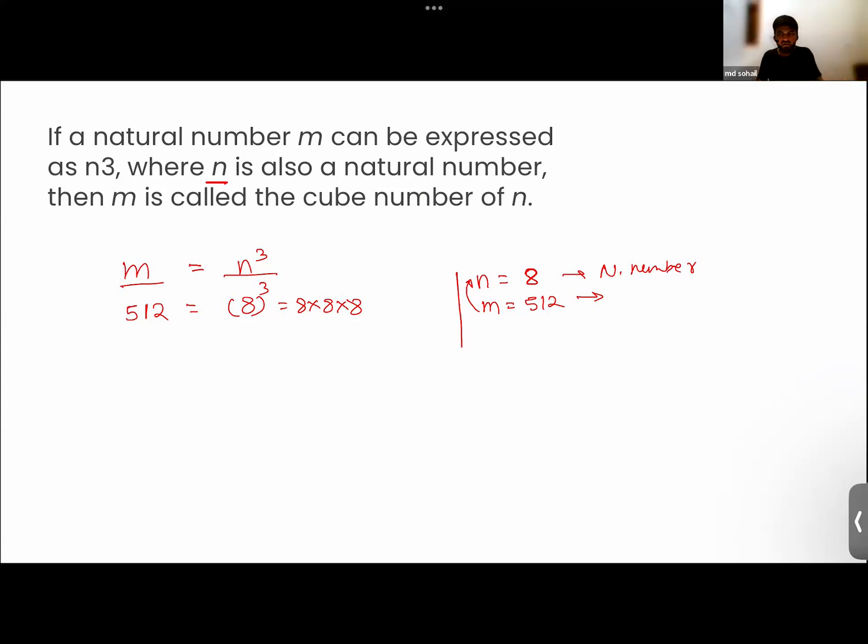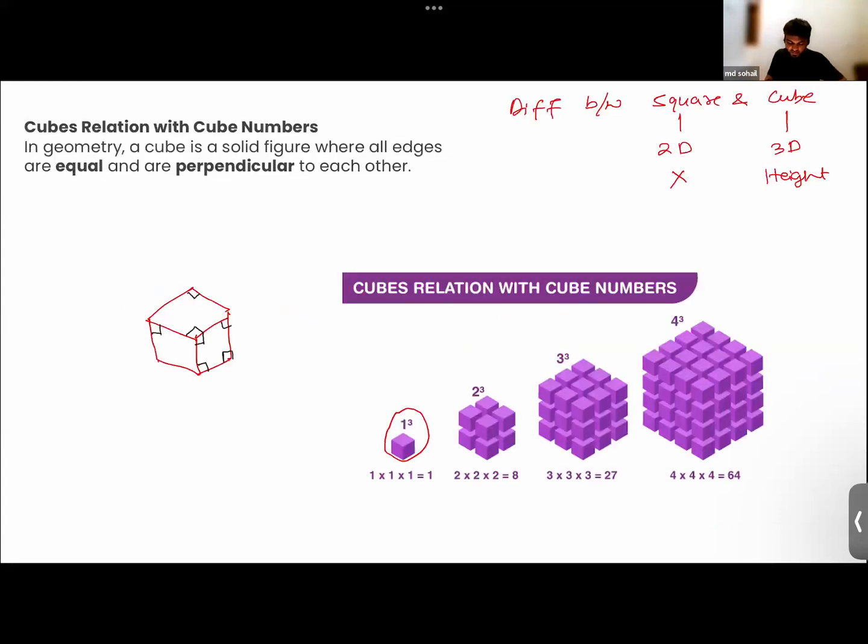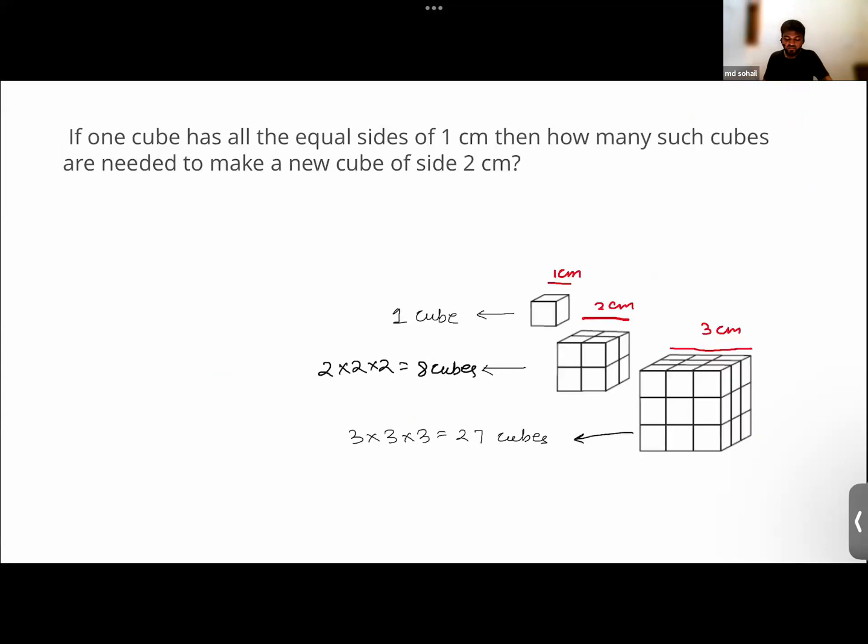Okay, so we will continue as Arhan won't be able to join today. So far we were talking about cubes and what are basically cubes. We started the chapter with it. I gave you an example here. Suppose you are provided with a cube here.